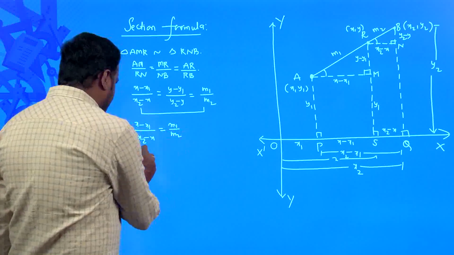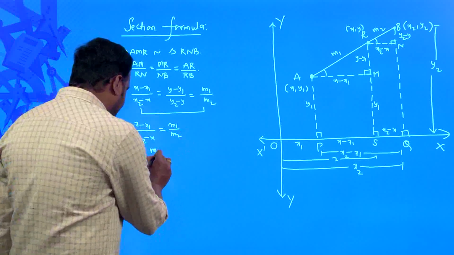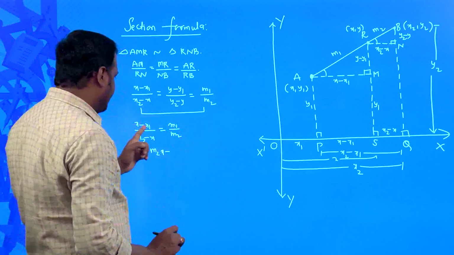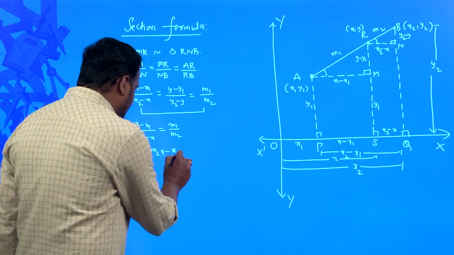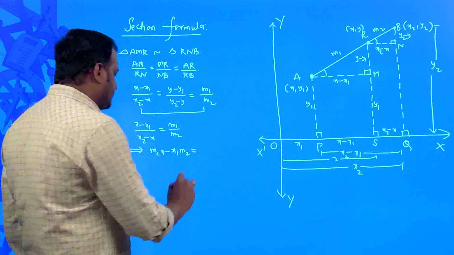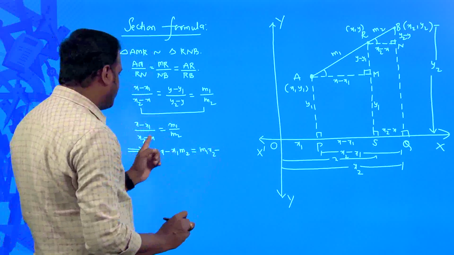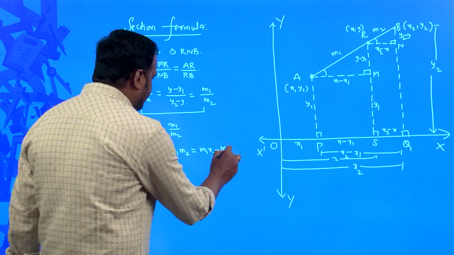By cross multiplication, x into M2 is M2 x minus x1 into M2 is x1 M2, which is equal to M1 into x2 is M1 x2 minus M1 into x is M1 x.